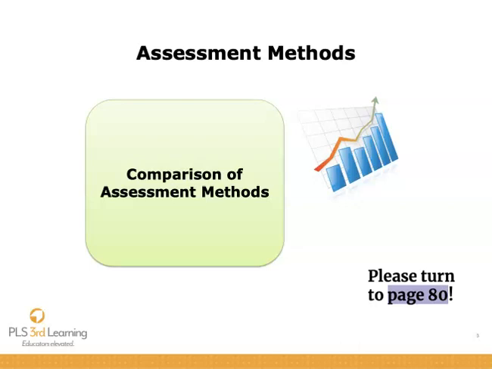Please turn to page 80, where you will see the terms formative assessment and summative assessment defined at the top of the page. A wide variety of methods are available for assessing student learning. Assessment is best viewed as an ongoing process rather than a single event at the conclusion of instruction. Formative assessment is termed assessment for learning.